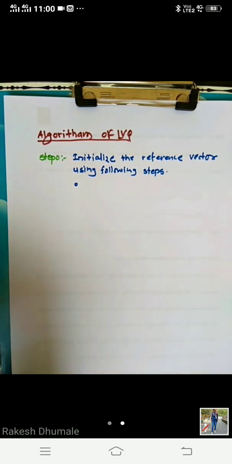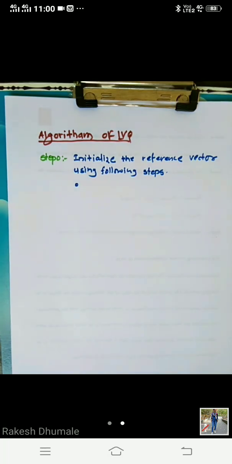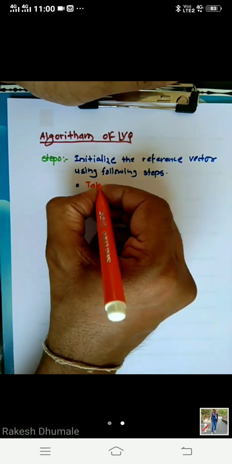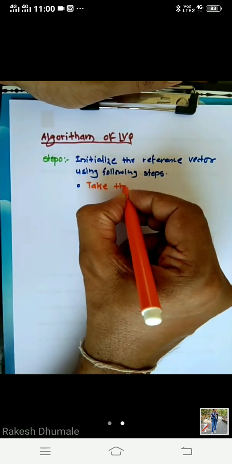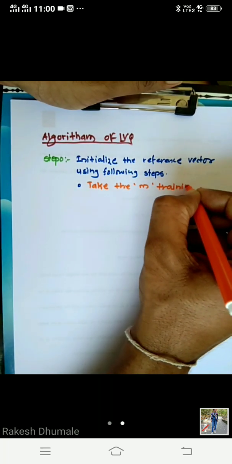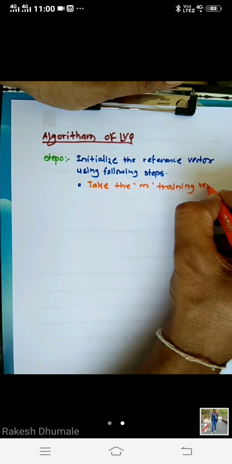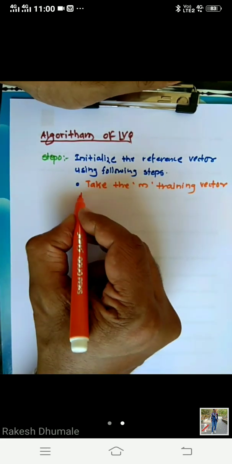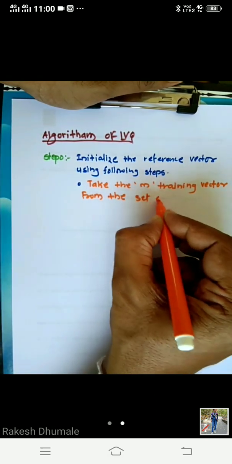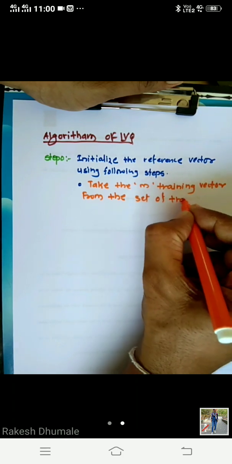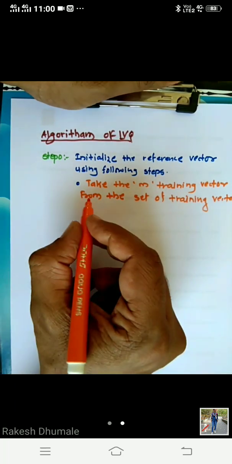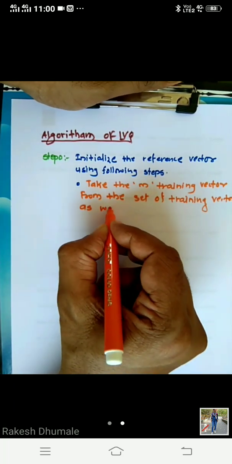So I will show. First step is: take the m training vectors from the set of training vectors as weight vectors.